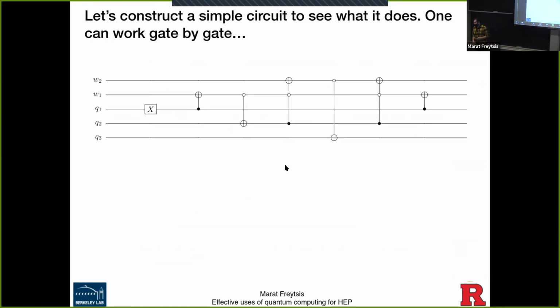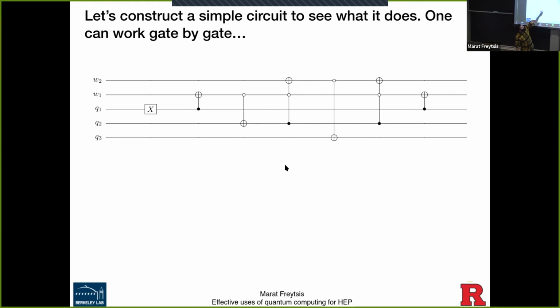Okay. So just to give you some intuition, at least an example of how these basic operations can do something a little bit non-trivial, I'll show you this circuit. Probably doesn't look like anything to you right now, but all it is is a combination of a single 1-qubit Pauli X, and these other ones are shorthands for various kinds of controlled NOT gates.